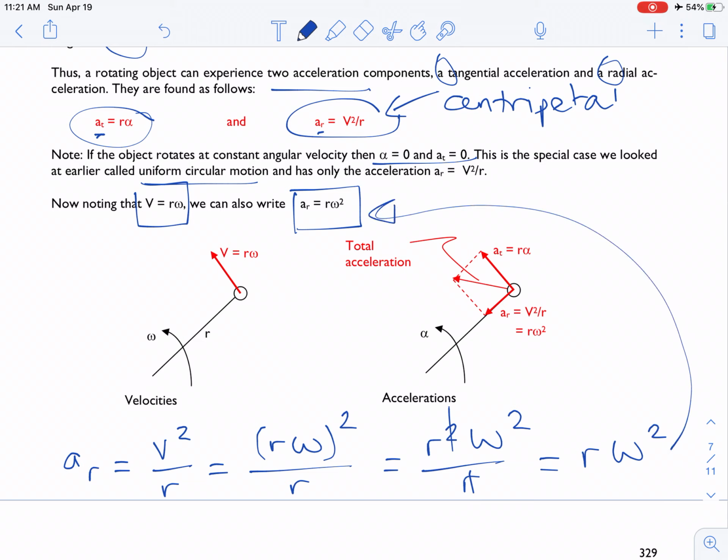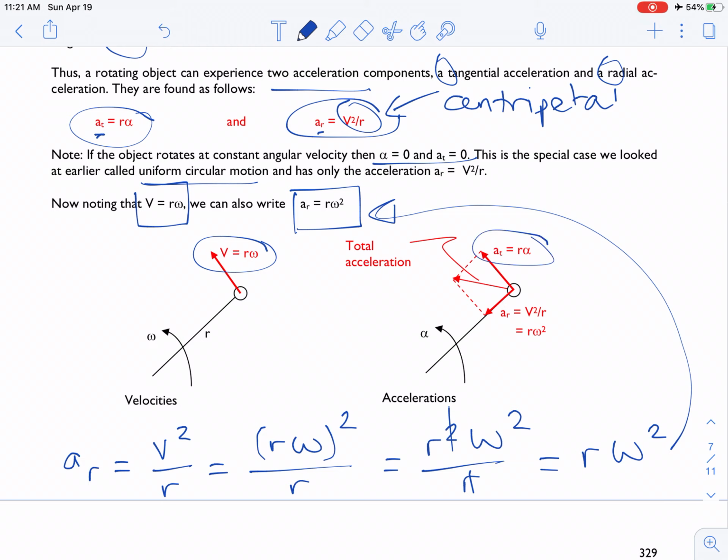And that's what you have as a radial acceleration. So you can also write the radial acceleration purely in terms of angular velocity. It's given here as v squared over r, which is linear velocity, but it also depends on omega, as you can see from this equation. So again, if we have both of those components, the tangential velocity change creates an angular acceleration.